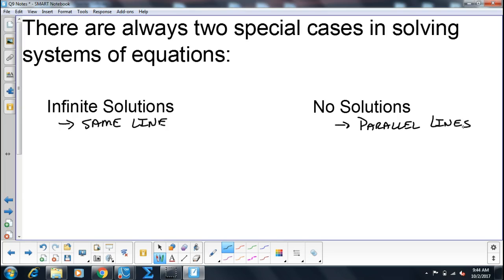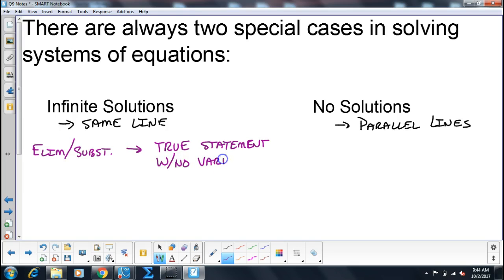Okay? Now, in elimination or substitution, if it's an infinite solutions case, you're going to have a true statement with no variables.